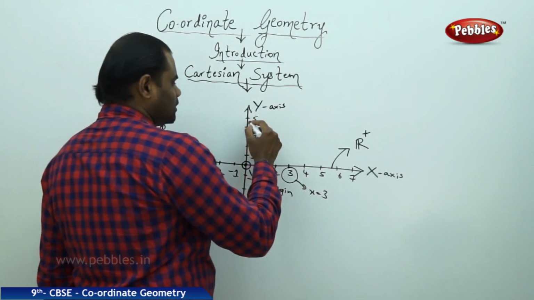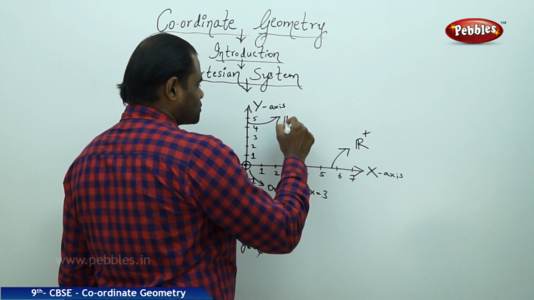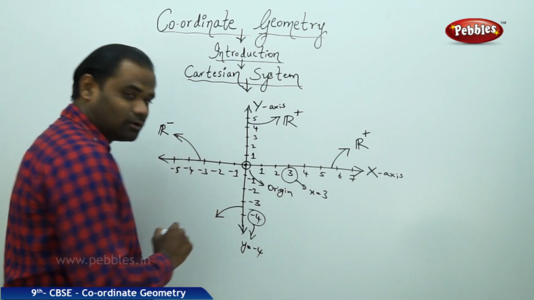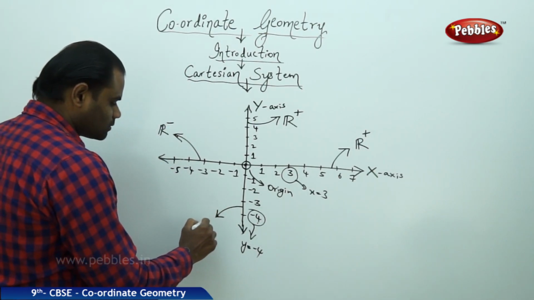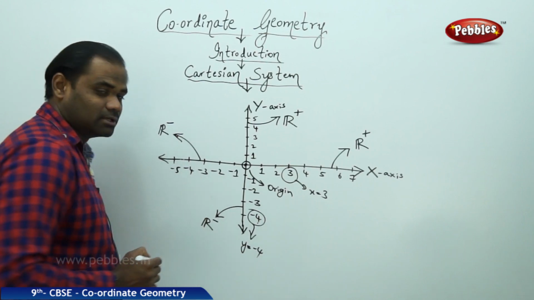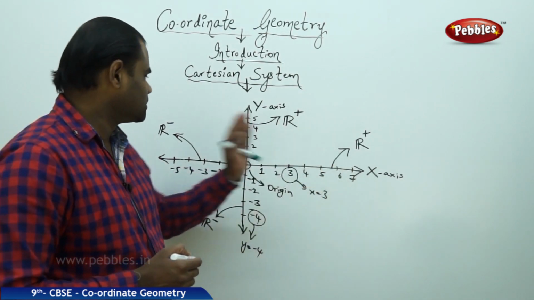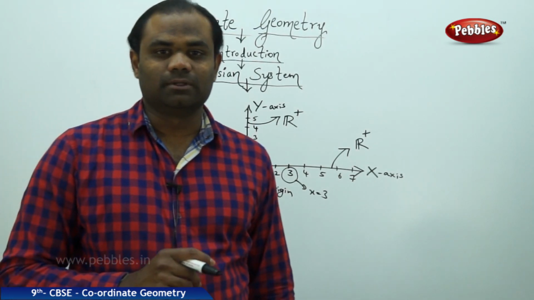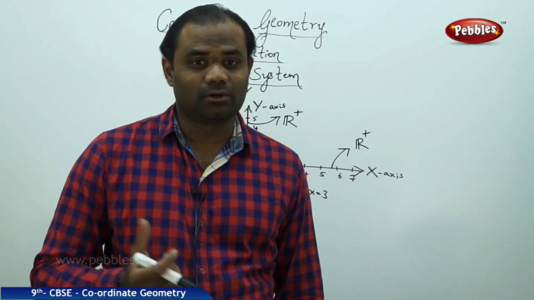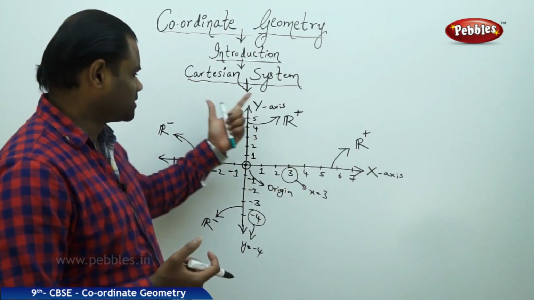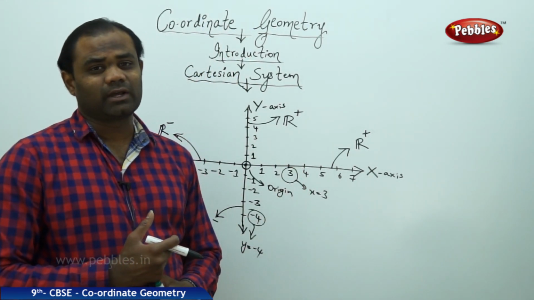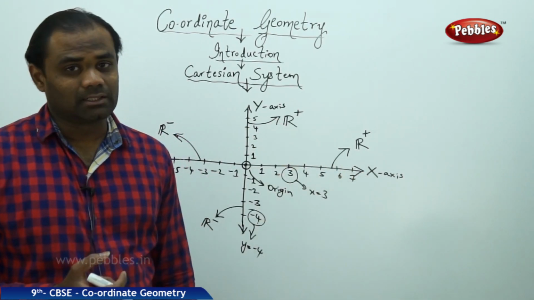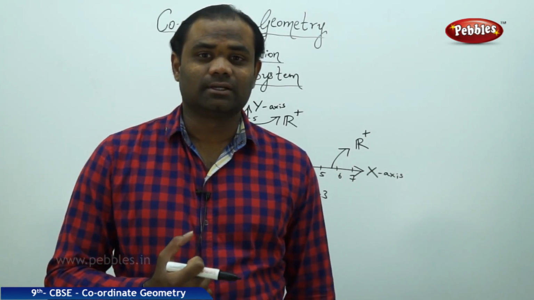Similarly, all the values on the upper y-axis are positive real numbers, and all the values down the y-axis are negative real numbers. Positive, negative, positive and negative real numbers is how we understand the Cartesian system with the x and y axes. Origin, x-axis and y-axis are the base rules of the Cartesian system.